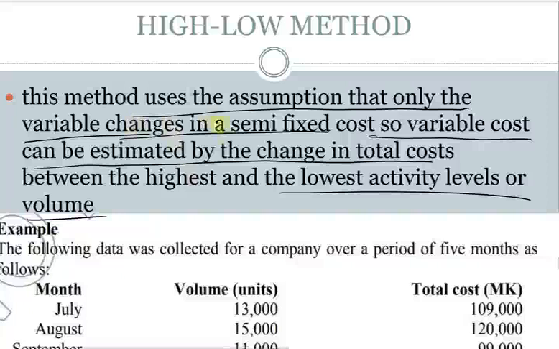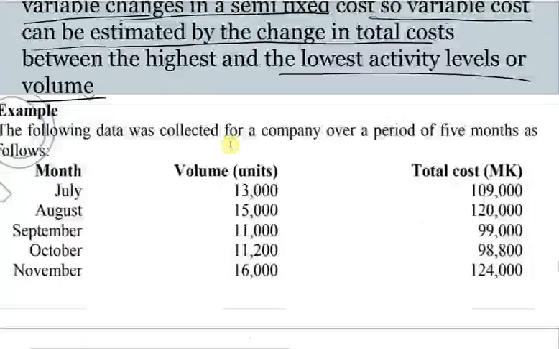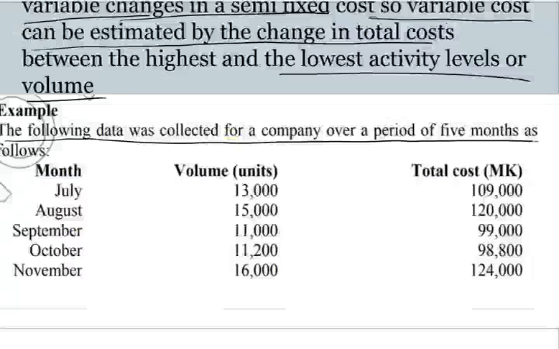So how do we use this method to separate fixed cost and variable cost? We have an example here. The following data was collected for a company over a period of 5 months. So we have period, volume, and total cost.